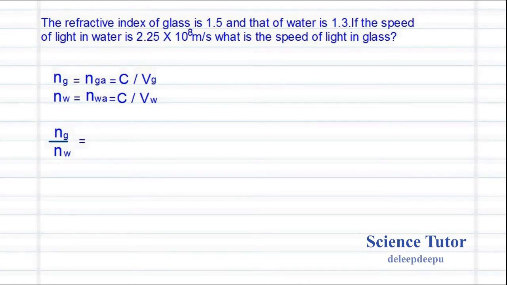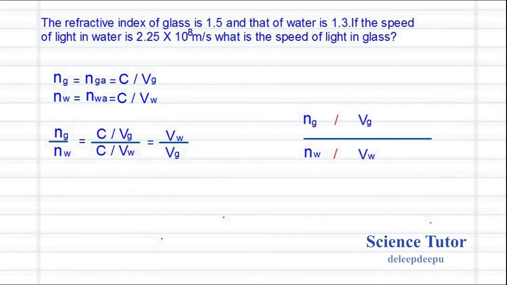If we divide these two, that means refractive index of glass divided by refractive index of water, you will get the answer as speed of light in water divided by speed of light in glass. Here are the refractive index of water and speed of light in water. Here refractive index of glass and speed of light in glass.